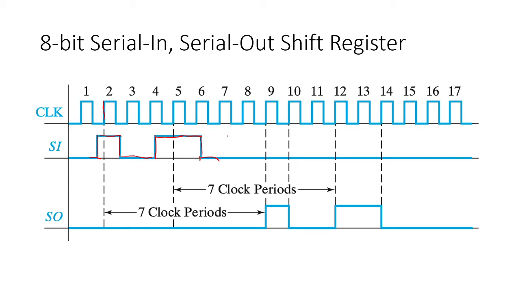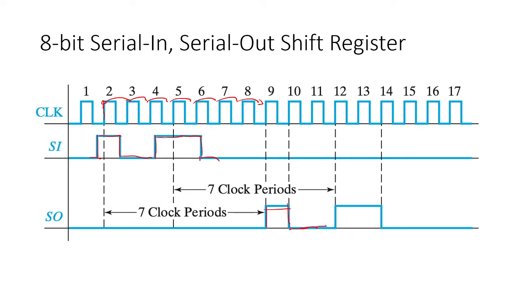The take-home message here is that it's going to take the number of bits minus 1 clock cycles to trigger. So from the very first one, it's going to be 1, 2, 3, 4, 5, 6, 7 clock cycles until that signal appears on the output, right?